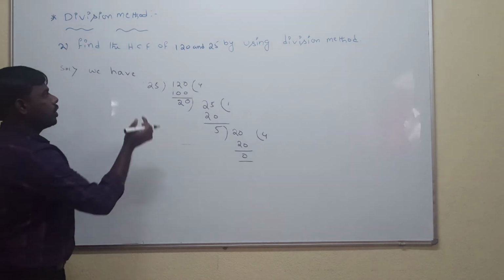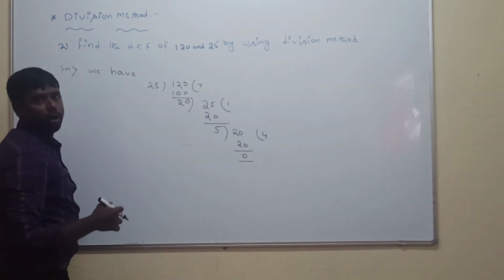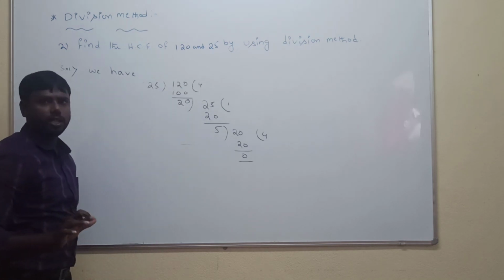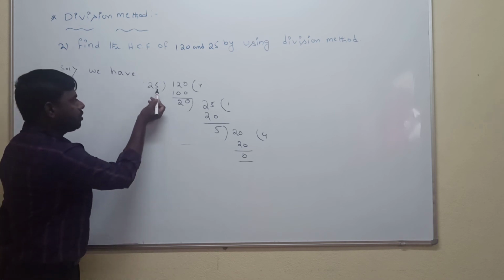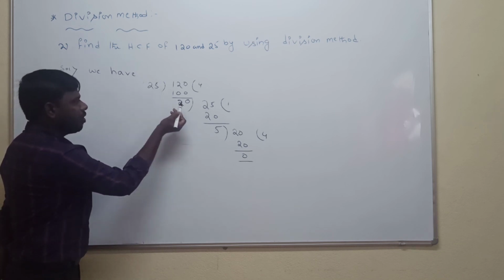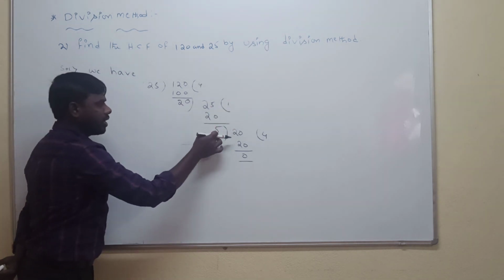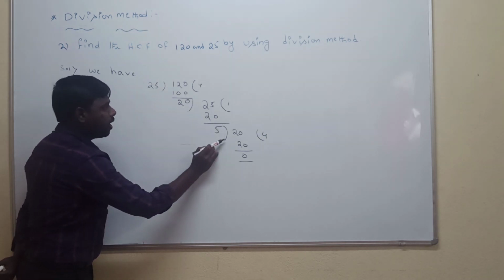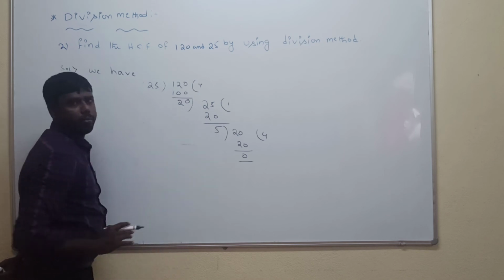Everyone understood? Divide the largest number by the smallest number. So 25 4s are 100, but the remainder is not 0. At that time what to do? Again divide the first divisor by the first remainder. So 25 divided by 20, the remainder is 5. Here also you are not getting remainder 0. That's why again divide the second divisor by the second remainder.